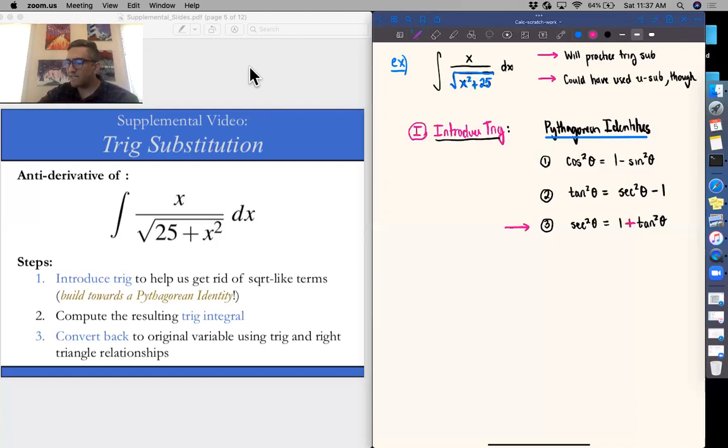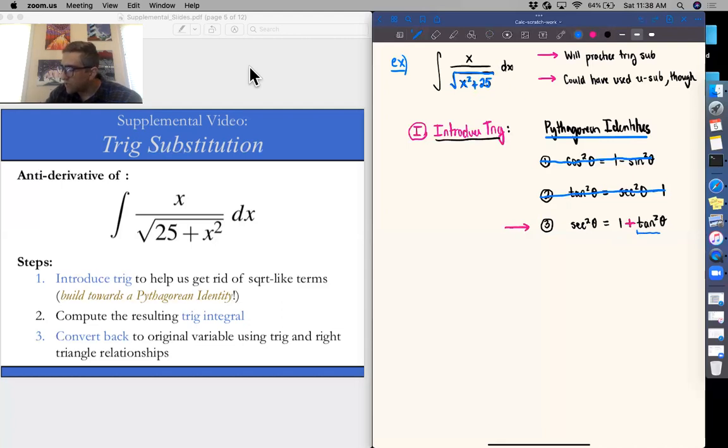The other two identities have that minus sign in there, so we're not going to build towards any identity using those two. What that means is we look at the right-hand side of these identities to build what's underneath the square root into that form. On the right-hand side of that identity, we have 1 plus tangent squared.